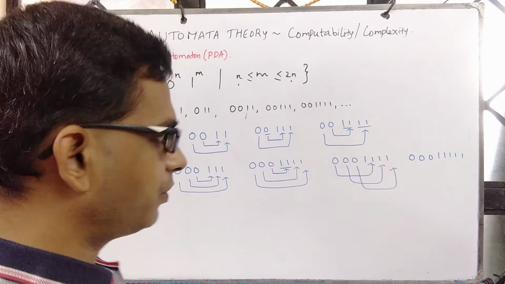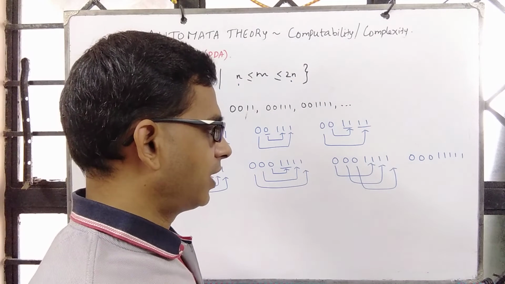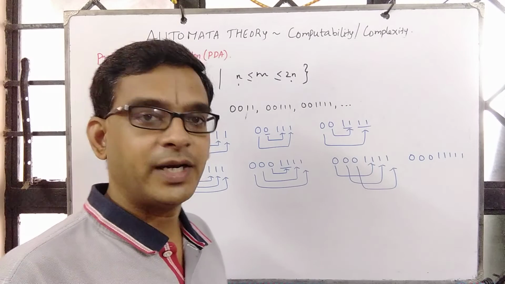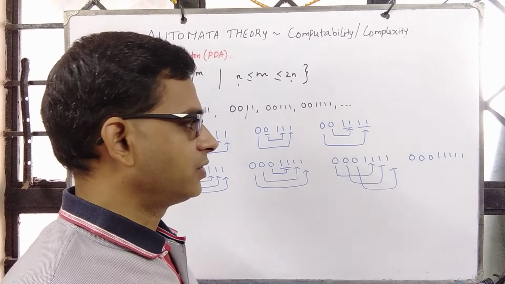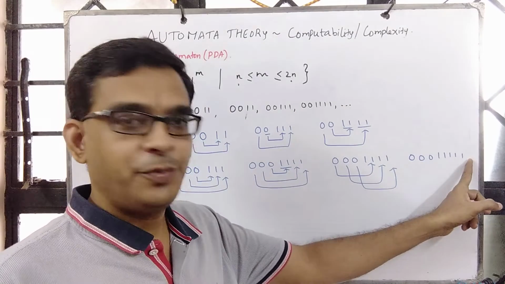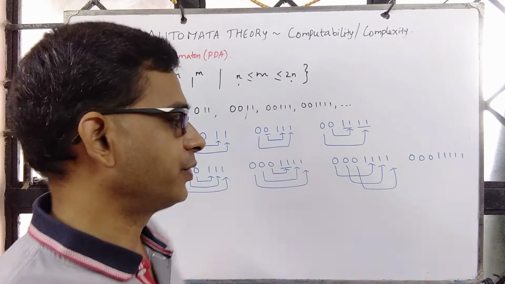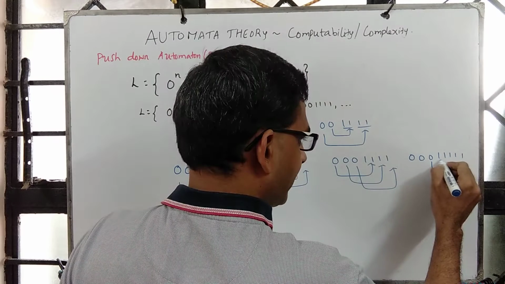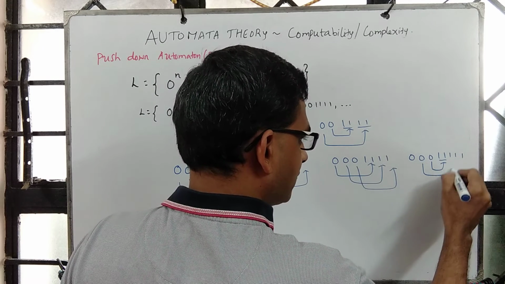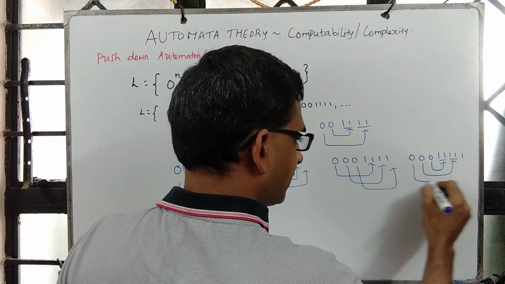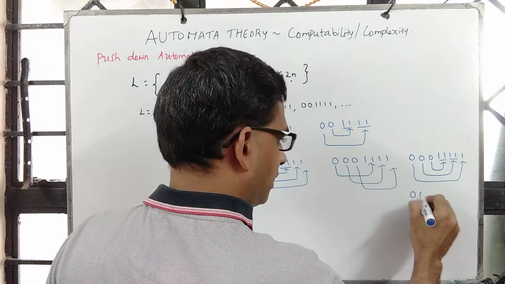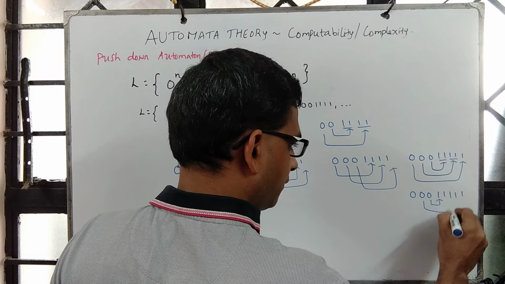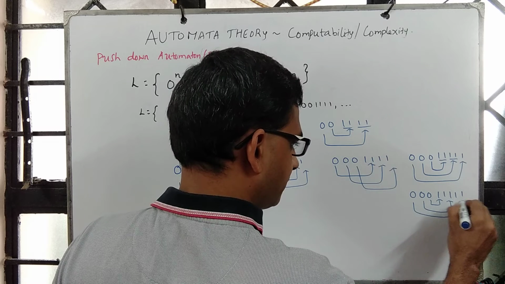So we have to somehow come up with a scheme, associating either just a single 1 with a 0, or a pair of ones with a 0, so that when you reach the end, the input tape is empty and the stack is also empty. Now for this, what I do, for this 0 I associate this pair, and for this 0 I associate this pair. For this one it is just 1 1. Or you can also do it like this. For this one you associate this one, for these two, these pairs.